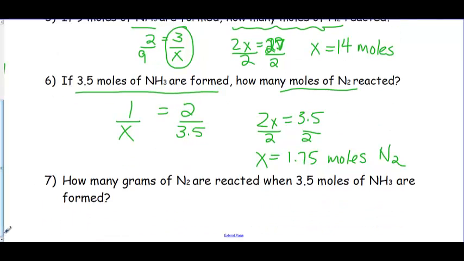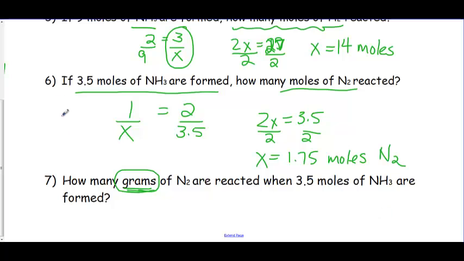7. How many grams of N2 are reacted when 3.5 moles of NH3 are formed? So here we go. This was a little trick, but it says how many grams. So we're going to have to use a conversion, or a mole calculation here. Okay. So we have N2 reacted when 3.5 moles are formed.